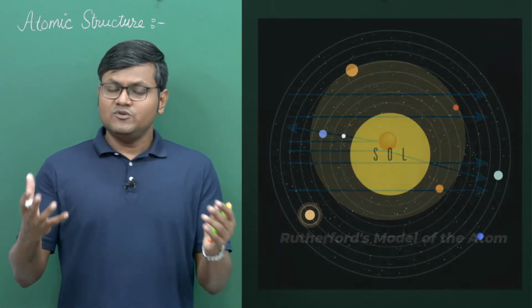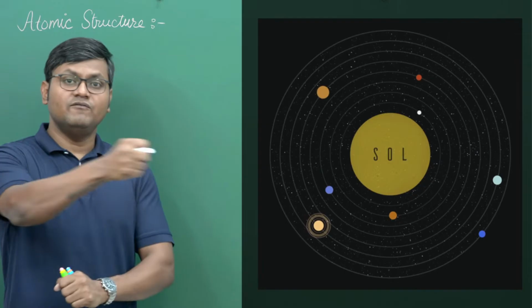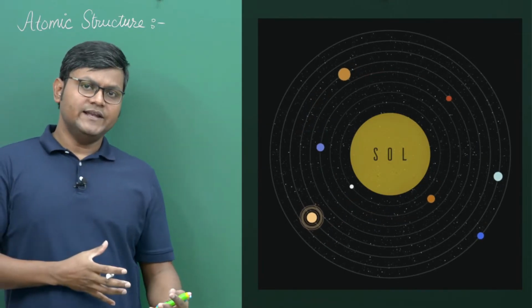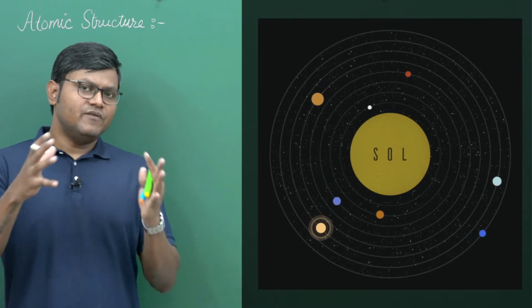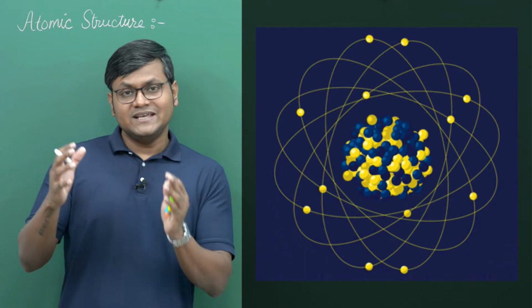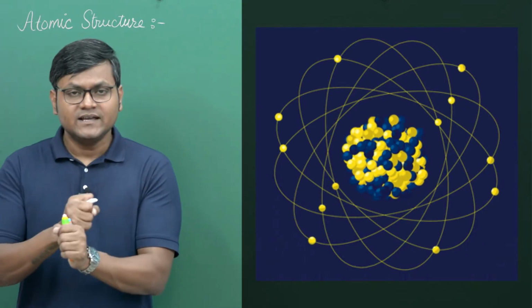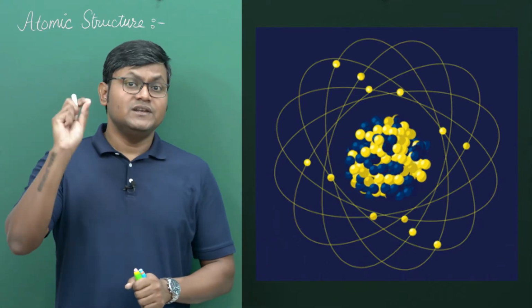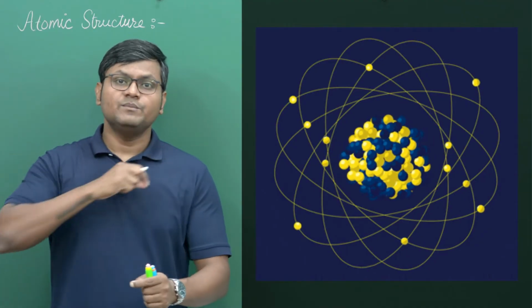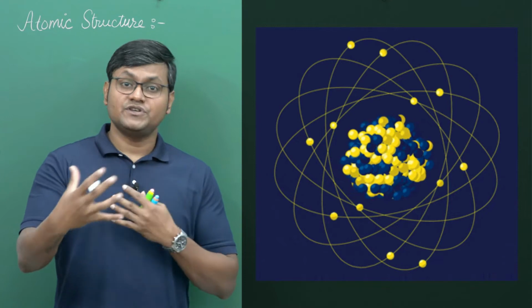So in the solar system, you have the sun at the center and the planets revolving around it. So Rutherford gave his planetary model of the atom in which he suggested that the vast amount of the matter of the atom, which is positively charged, is concentrated at the center, and these negatively charged light electron particles revolve around the nucleus because of electrostatic forces of attraction.